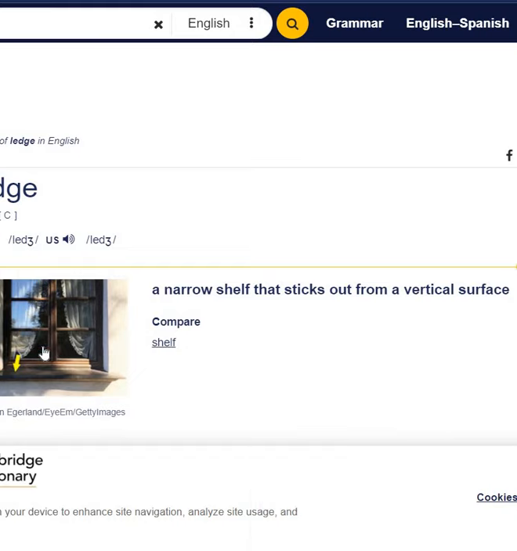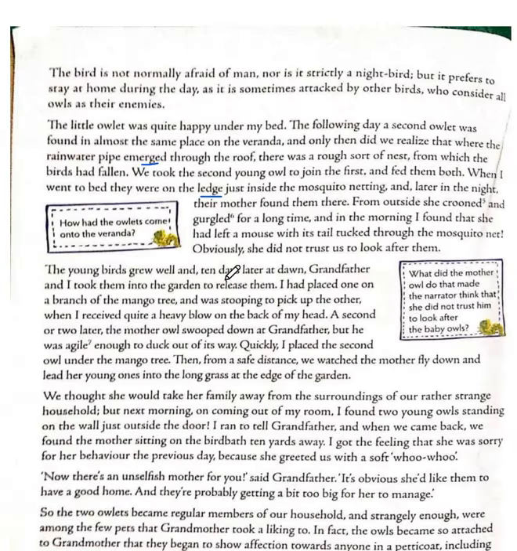So now you can see the situation: the two baby owlets were in this place, in between there was a mosquito netting, and on the other side of it was their mother.